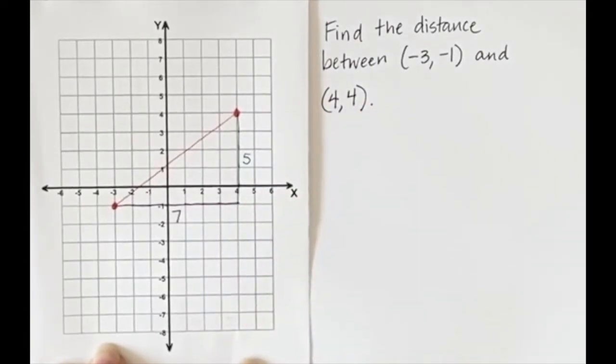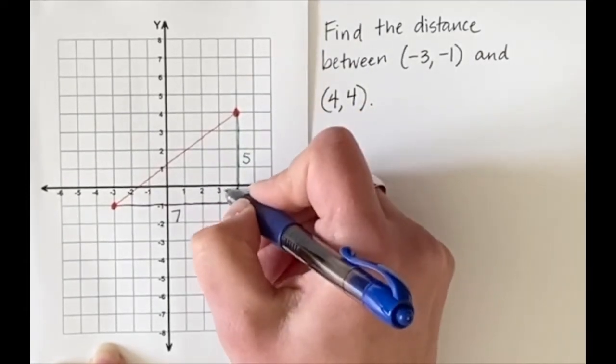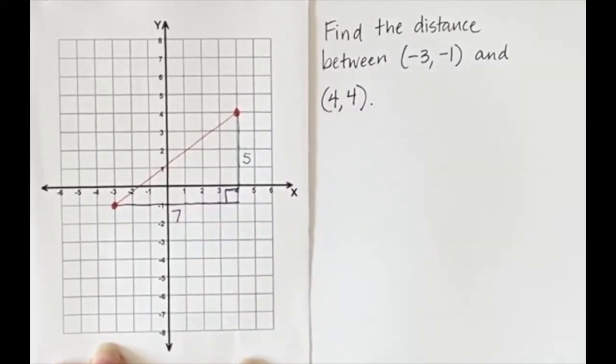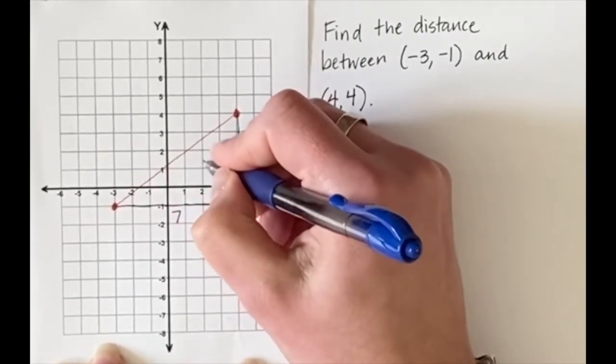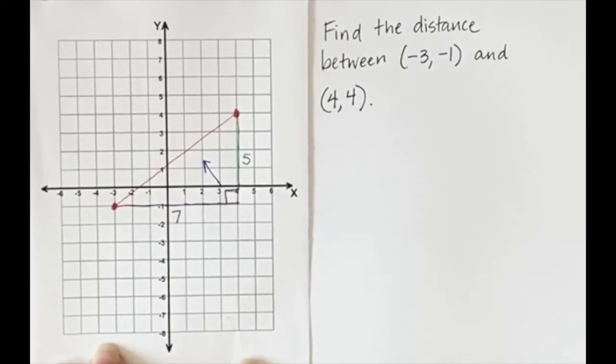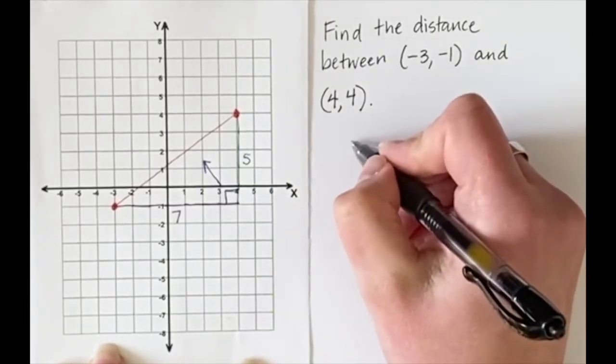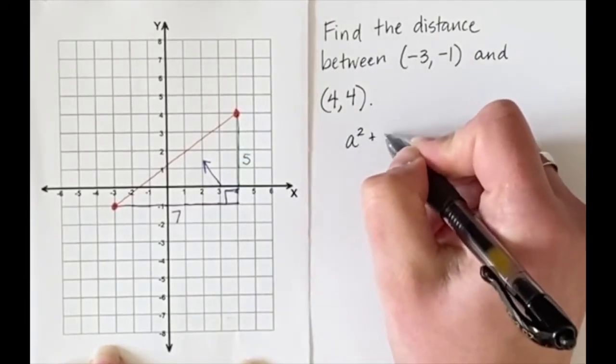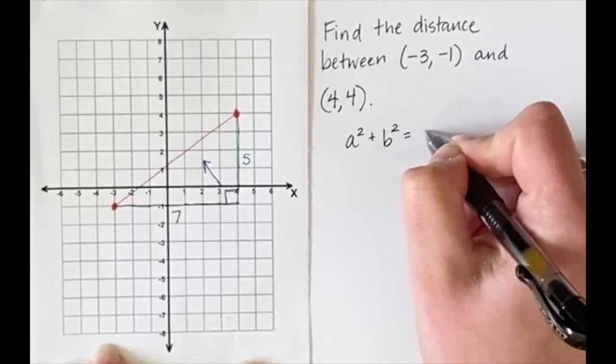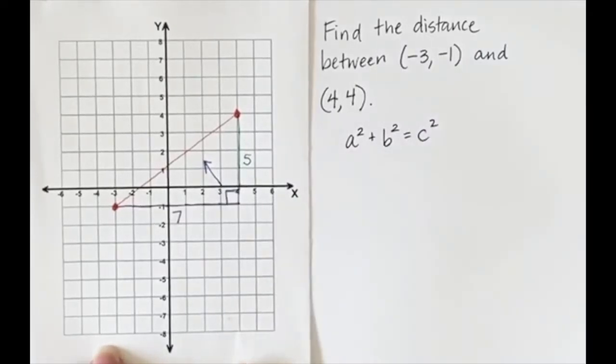All right, if I look at this carefully, I can tell that this is my right angle right there, and I know directly across from the right angle is my hypotenuse. So I can see my right triangle, and I can plug that into the Pythagorean theorem of a squared plus b squared equals c squared.